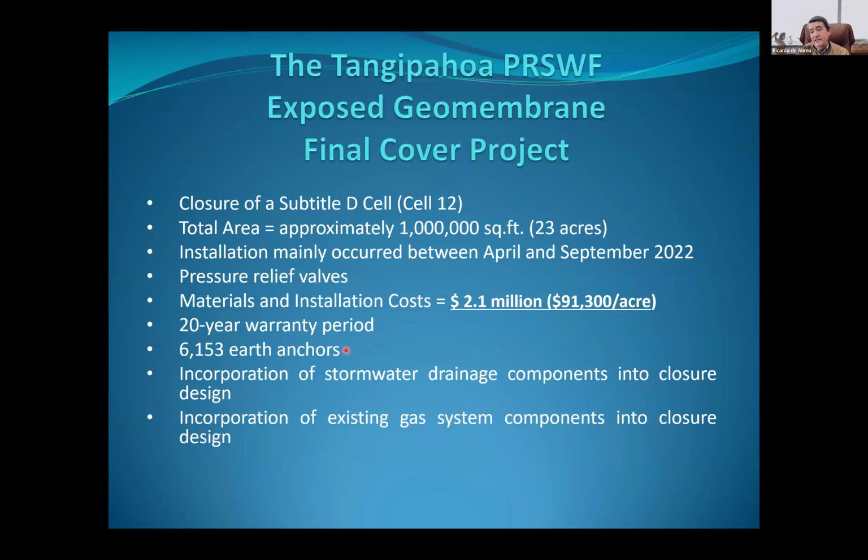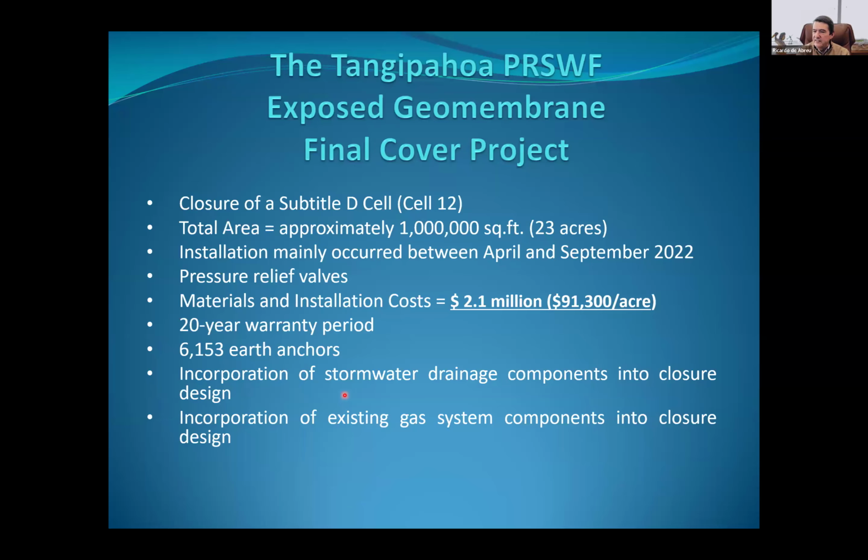In this case, a lot of earth anchors were used: 6,153 earth anchors, so it was a big project. We incorporated stormwater drainage components into the closure design, and also incorporated existing gas system components into the closure design. We already had a gas system there that we had to take into account.